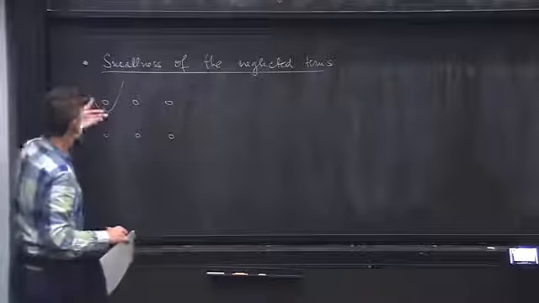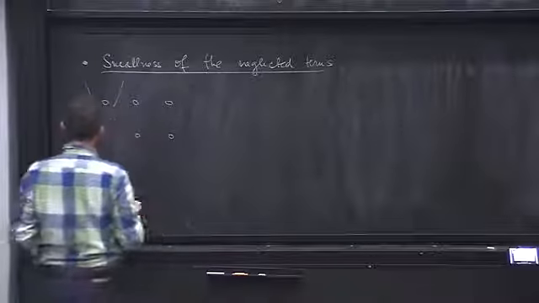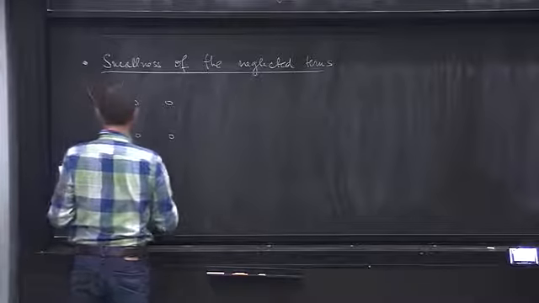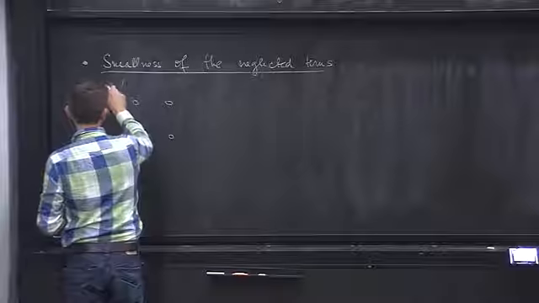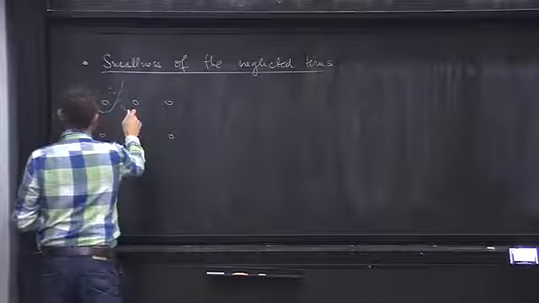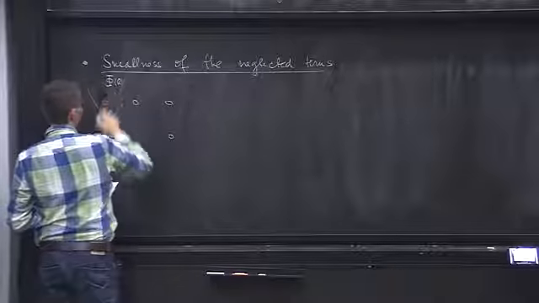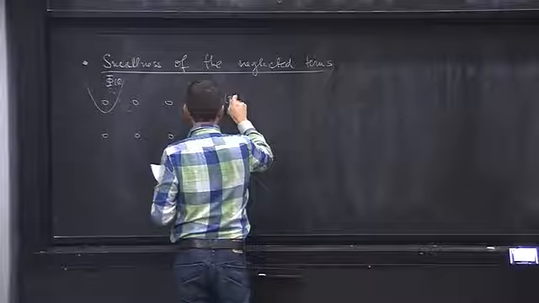And one can always do that near a minimum. Any function near a minimum can be expanded to second order. So this is basically a harmonic oscillator. So the wave function psi will be some ground state wave function of this harmonic oscillator, which I will write like this.